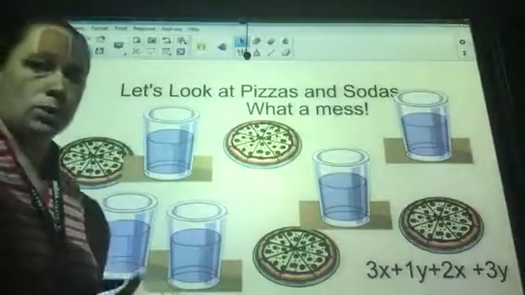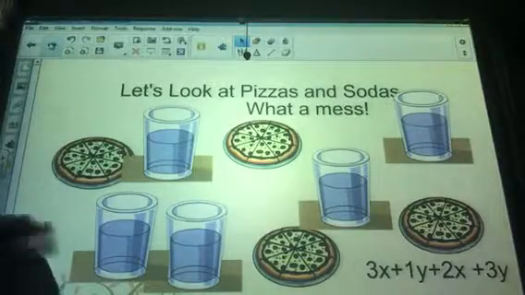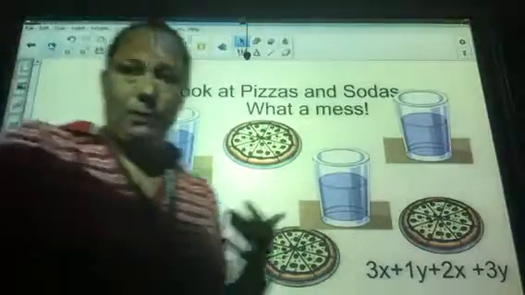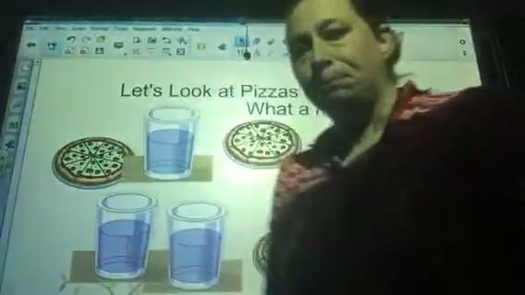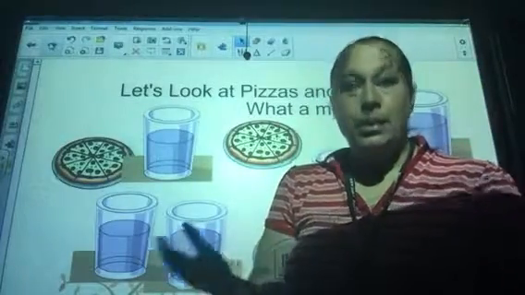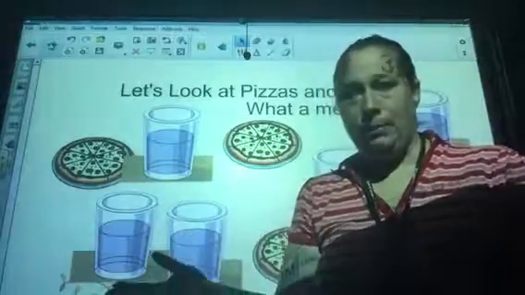I've got a whole mess load of pizzas and drinks, all right? This is a nightmare, okay? If I was a waitress, I'd be crying right now. When I go out to a restaurant with my family, we usually think about what we want to order and then we order all at the same time. For example, my husband likes to eat a lot of Supreme pizzas and my kids will only eat pepperoni.